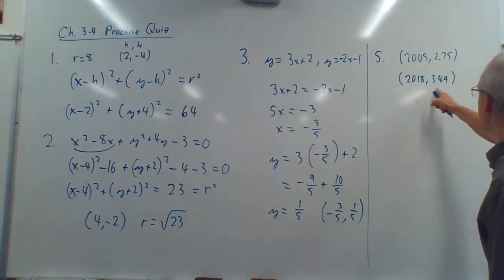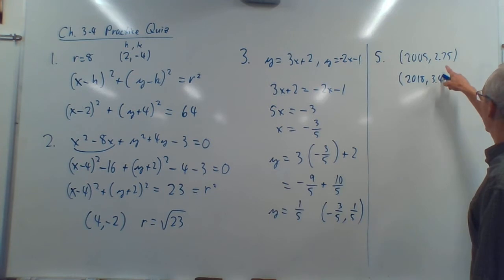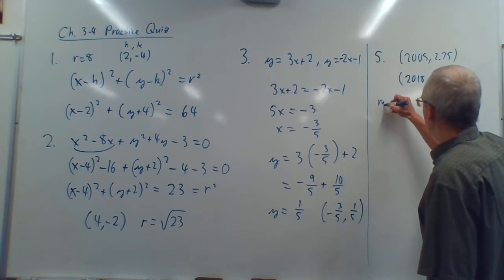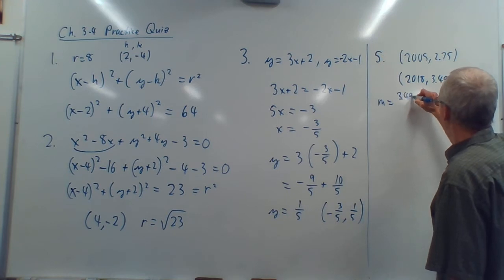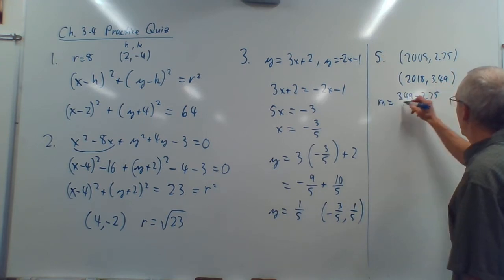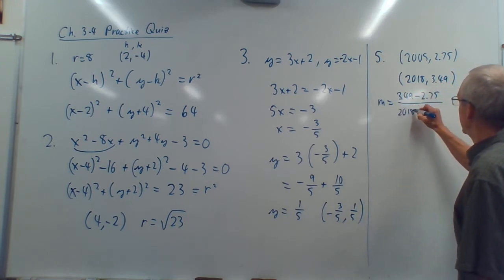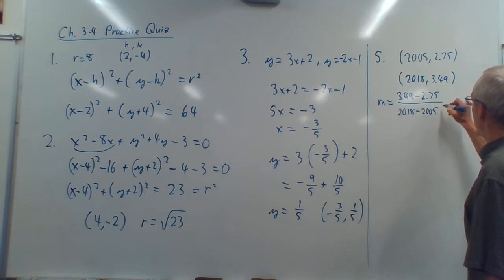So we have two points. Let's find the slope. Let's do the big one minus that one. So the slope is 3.49 minus 2.75 divided by 2018 minus 2005.